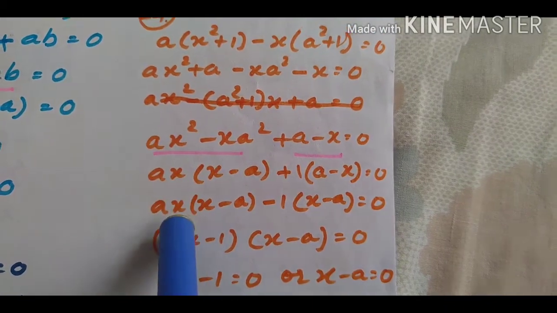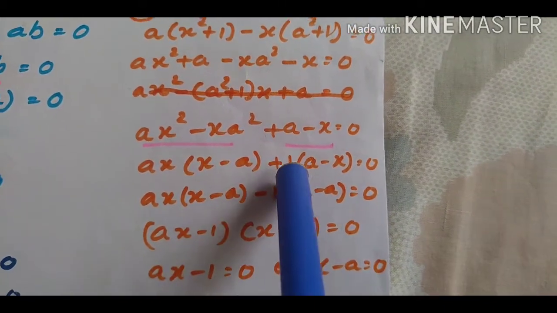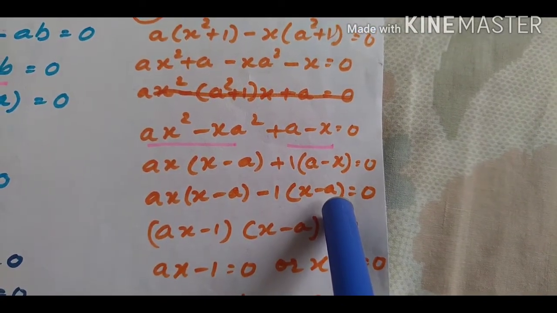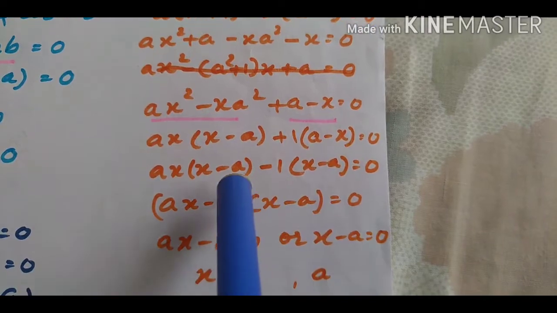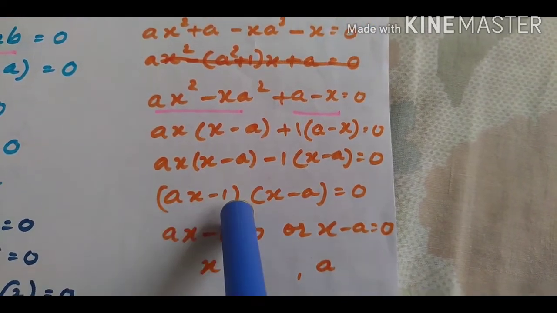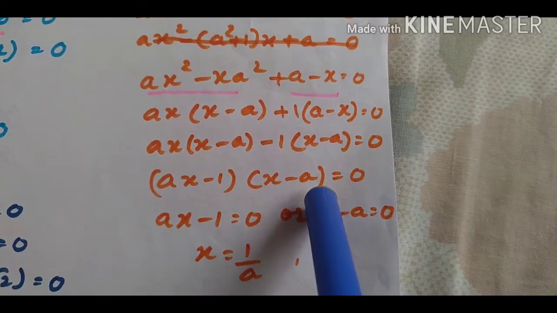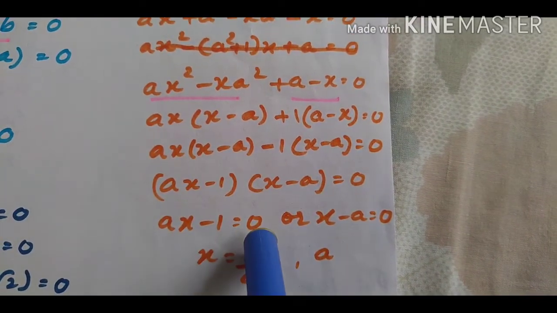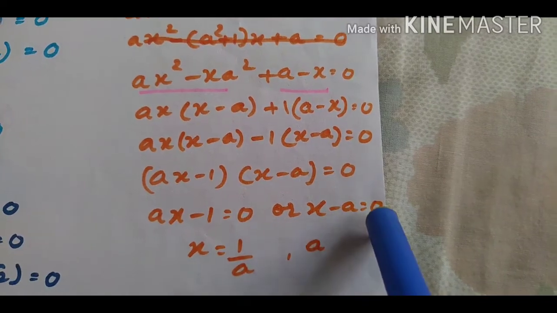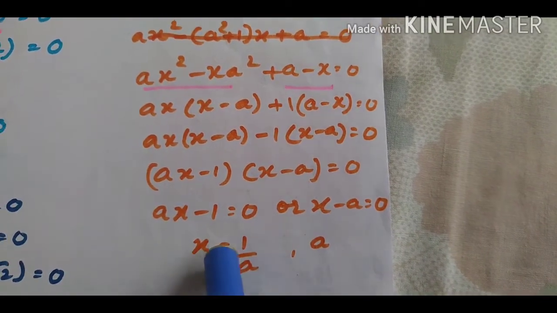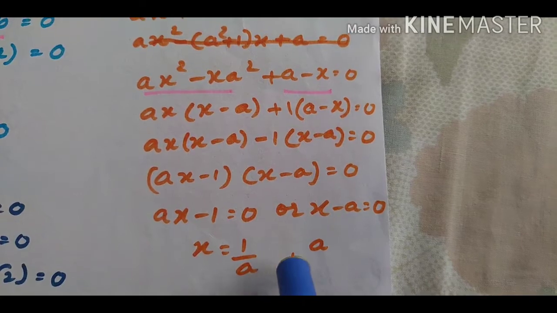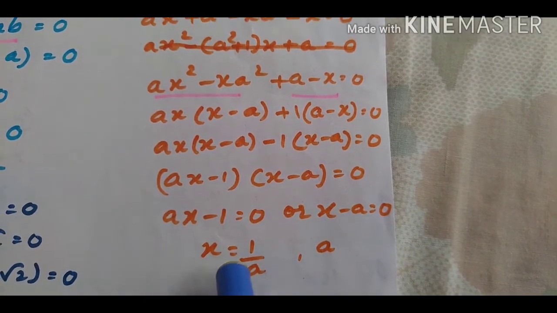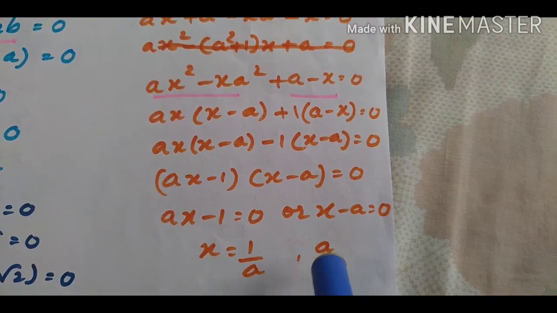So what I did here: ax into (x minus a), plus 2 minus 1, and then interchanging a minus x to x minus a, then (ax minus 1)(x minus a). Like this you get two brackets. So ax minus 1 equal to 0 or x minus a equal to 0. So x equal to 1 by a or x equal to a. Means I get two roots here, x equal to 1 by a and a.